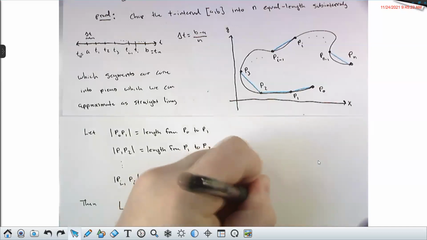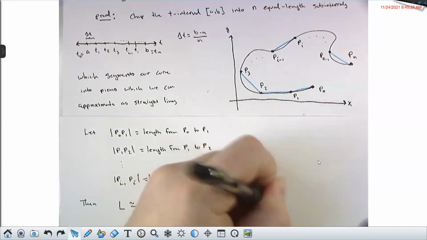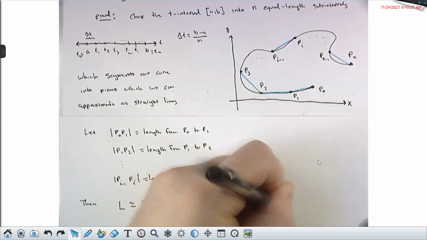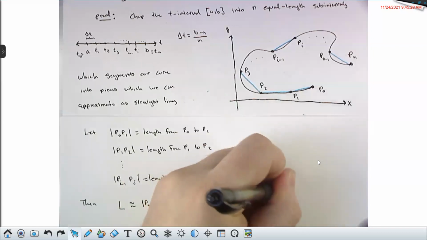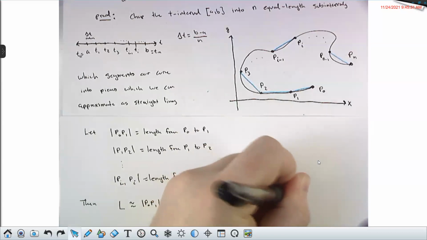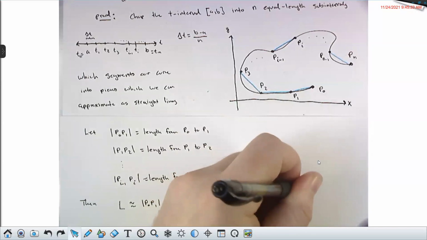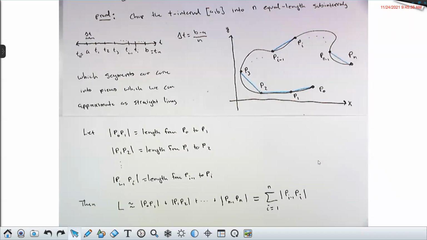This can be written as sigma i from 1 to n, length Pi minus 1 to Pi. Right, you plug in i equals 1 here, you get P0 to P1. Plug in i equals 2 here, you get P1 to P2.